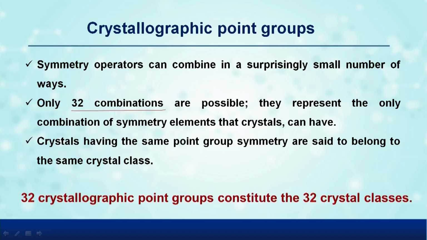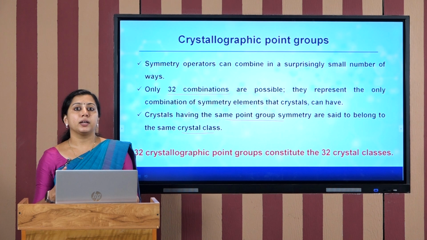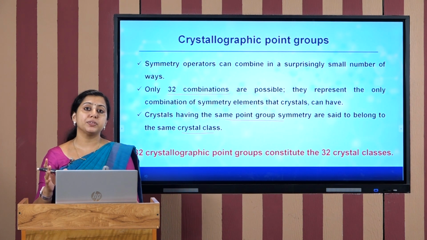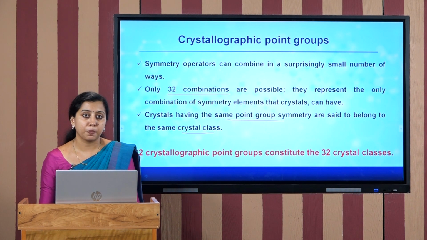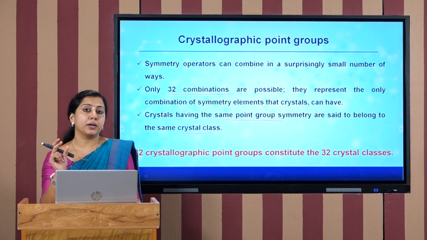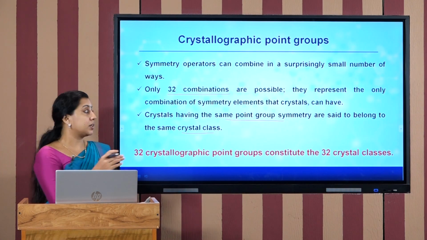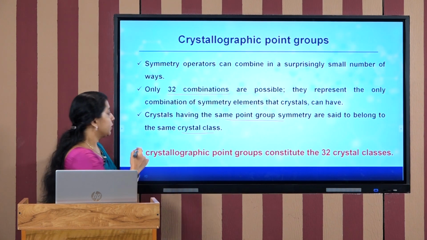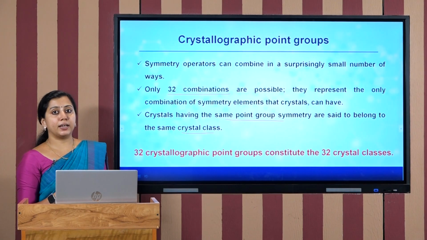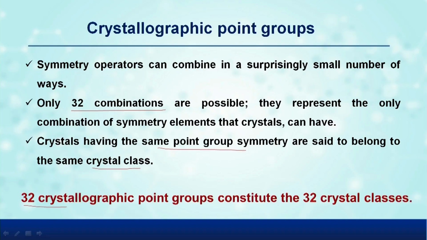Crystals having the same point group symmetry are said to belong to the same crystal class. Okay. So, there may be many possible groups of symmetry elements present in a crystal lattice. However, such combinations are restricted to 32. So, in other words, the 32 crystallographic point groups constitute the 32 crystal classes.